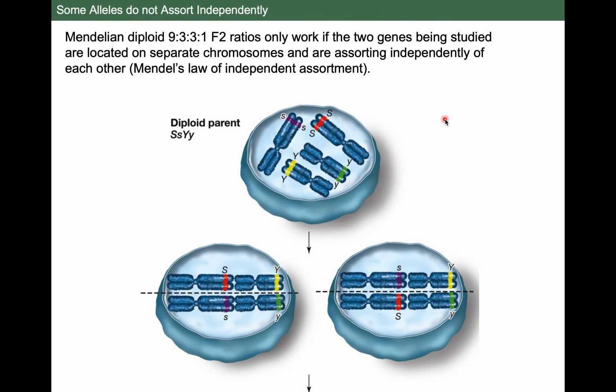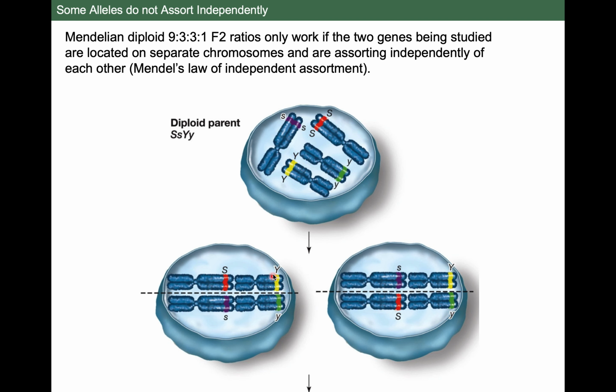Something like this. So in Mendel's example, if he was looking at two genes, doing a dihybrid cross, the S gene and the Y gene, we just assumed that those genes were located on separate chromosomes. You might remember Mendel's law of independent assortment. The two homologous chromosomes with the two versions of the S gene pair up.